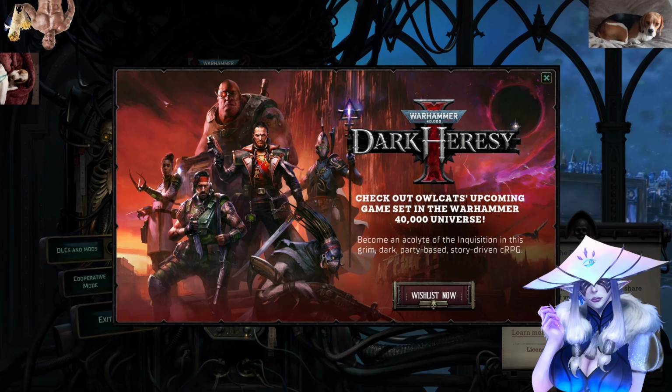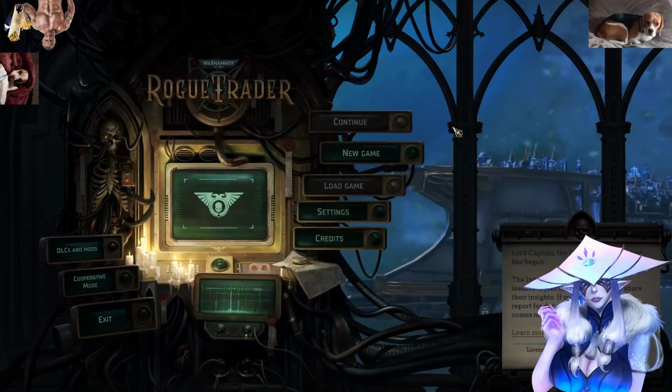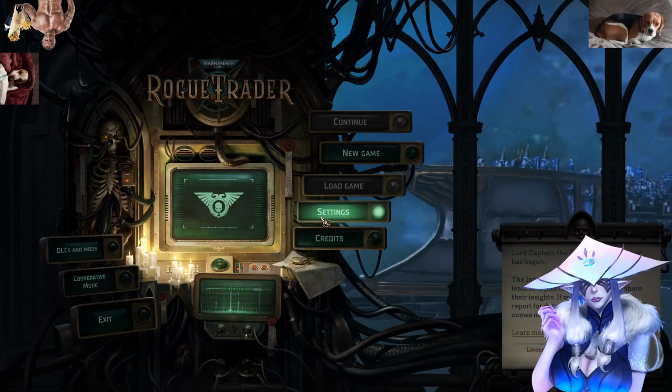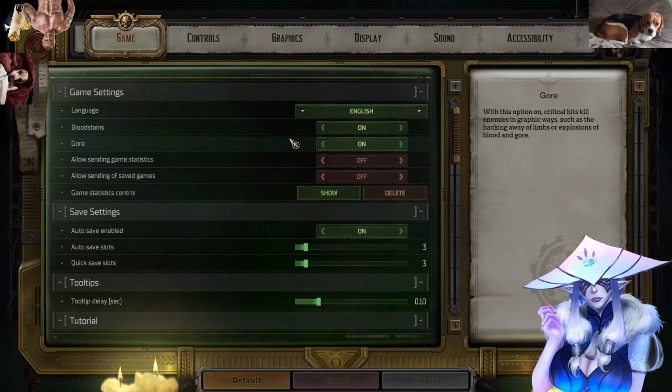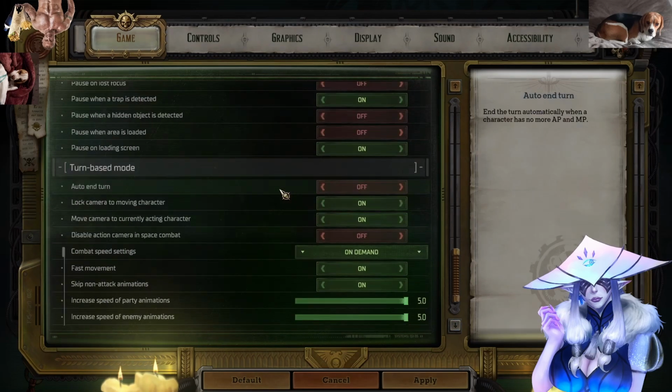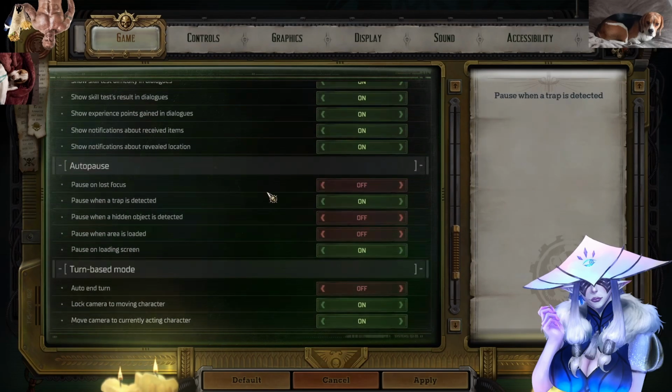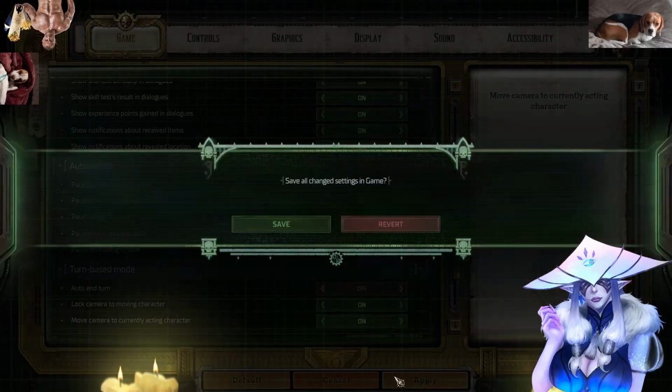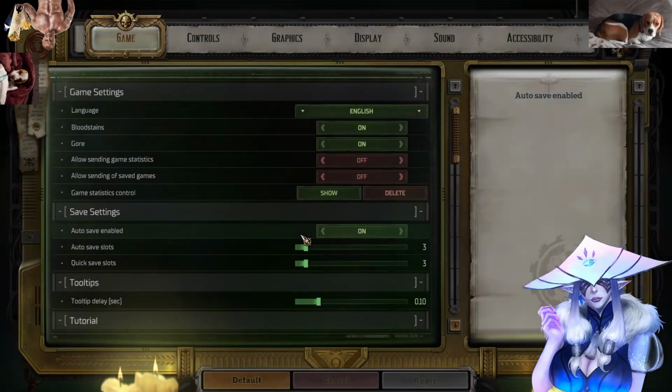Okay. Now we quickly go on to GIMP. Actually, what are the resolutions I'm gonna need? But yeah, finally, Rogue Trader.